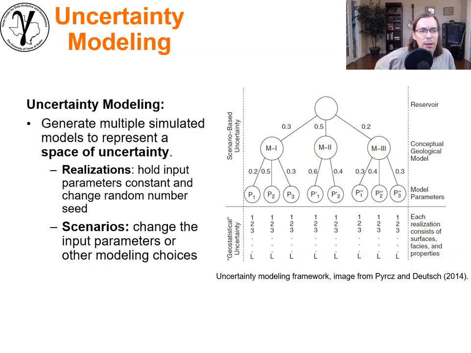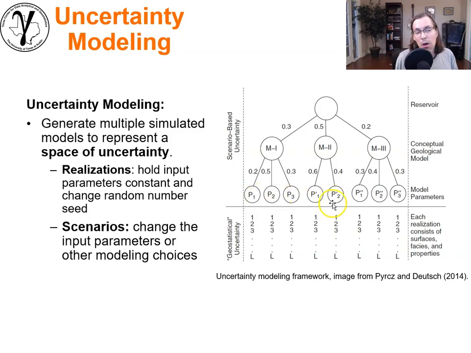So how do we do uncertainty modeling? Let's formalize this. We'll need multiple statistical simulated models. That's the best way to do it. We can have a decision tree of sorts. We'll say we have a reservoir. We have different conceptual models. Things can change dramatically. Maybe there's fluvial, maybe this is some type of deltaic, maybe this is deep water, maybe this is meandering fluvial, this is more avulsing, and so forth.